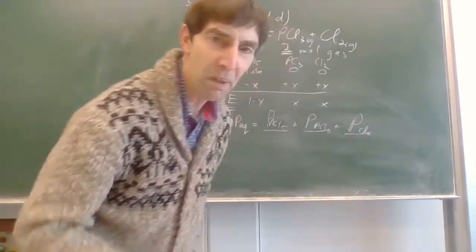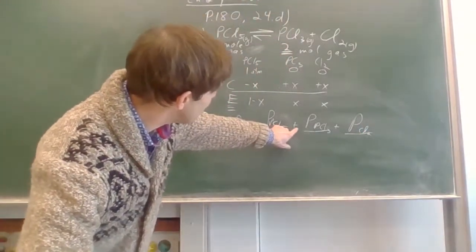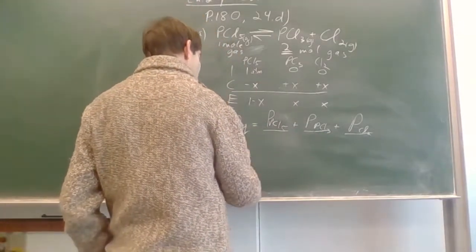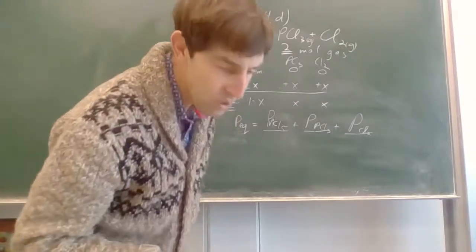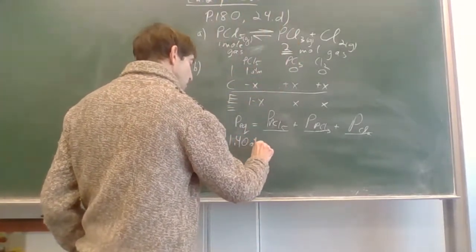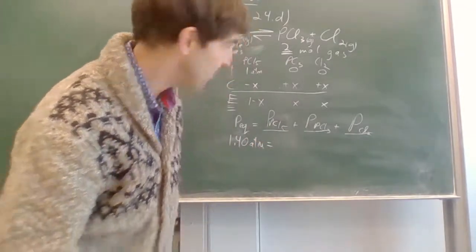I'm sorry there are so many P's coming around. It's just P is pressure. The pressure of the main stuff equals the pressure of that plus that. So add it all up. Well, you know what that is. They tell you. It's 1.40 atmospheres. It's in the second circle.